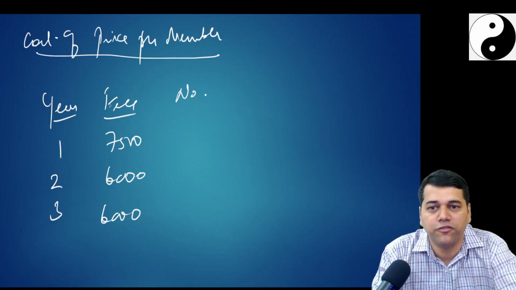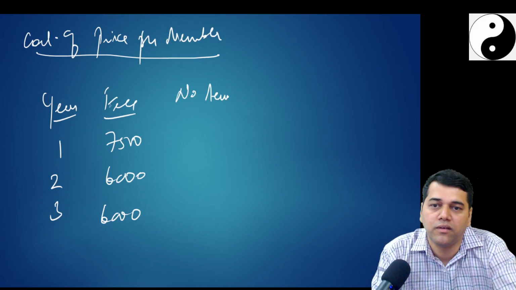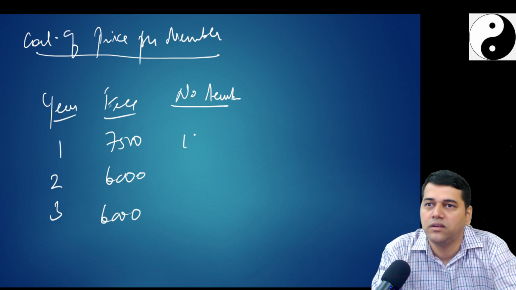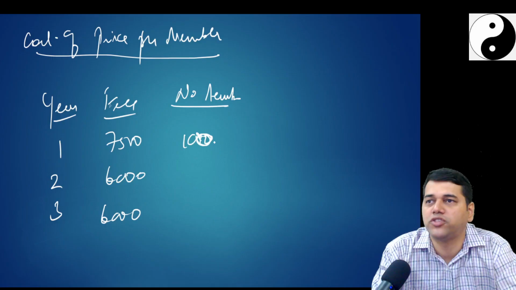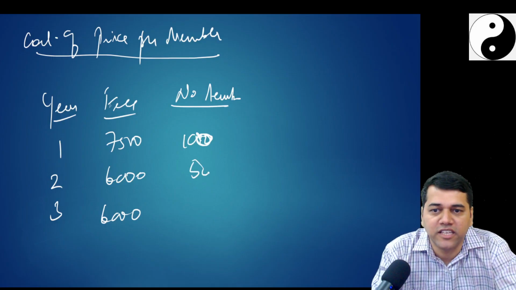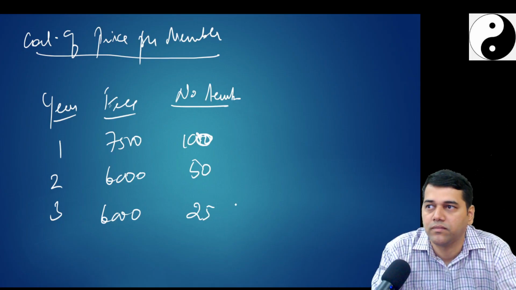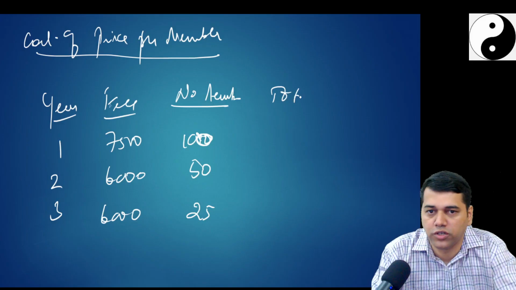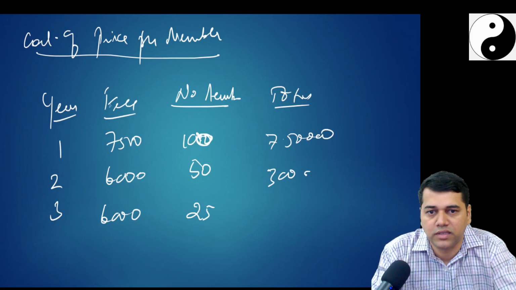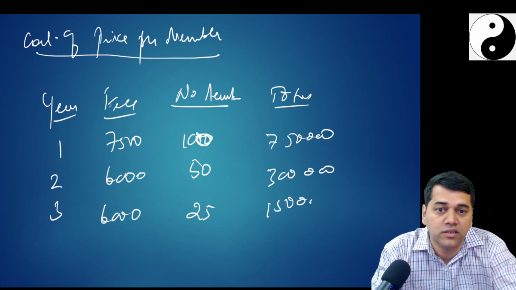So number of members, how much in the first year? 100, fixed. There is no change here. But in the second year I anticipate 50, in the third year I anticipate 25. So the total will be 7,50,000, 3 lakhs, 1,50,000. You're clear, no students?